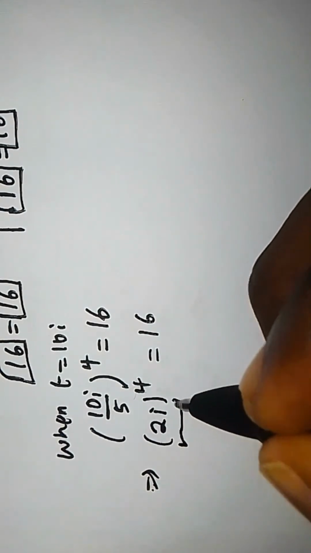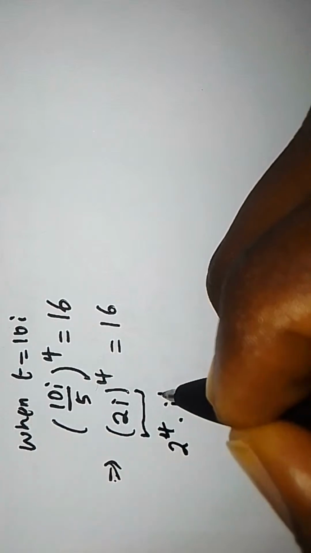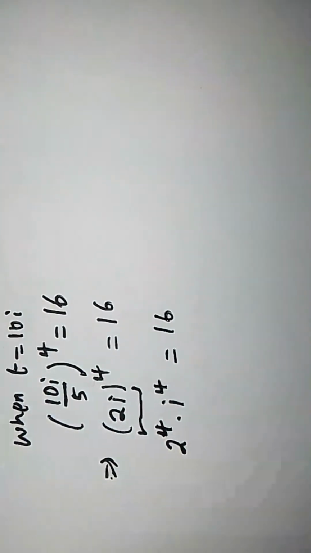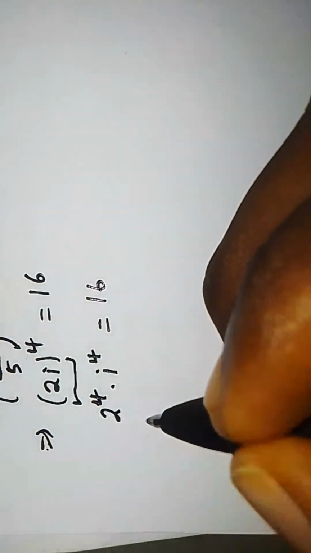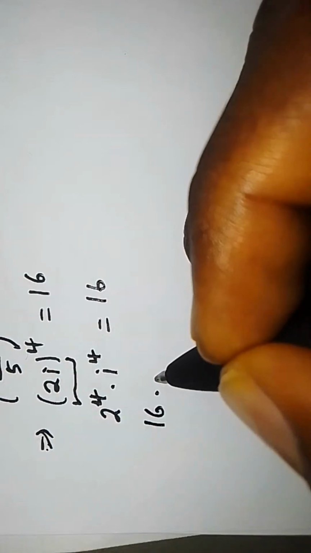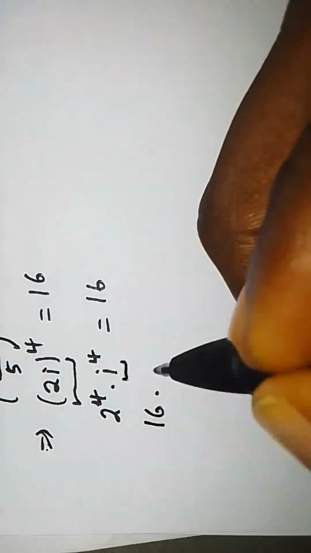I can rewrite this left hand side as 2 to the power of 4 times i to the power of 4 equal to 16. What is 2 to the power of 4? That is 16 times. Now, let's rewrite i to the power of 4.